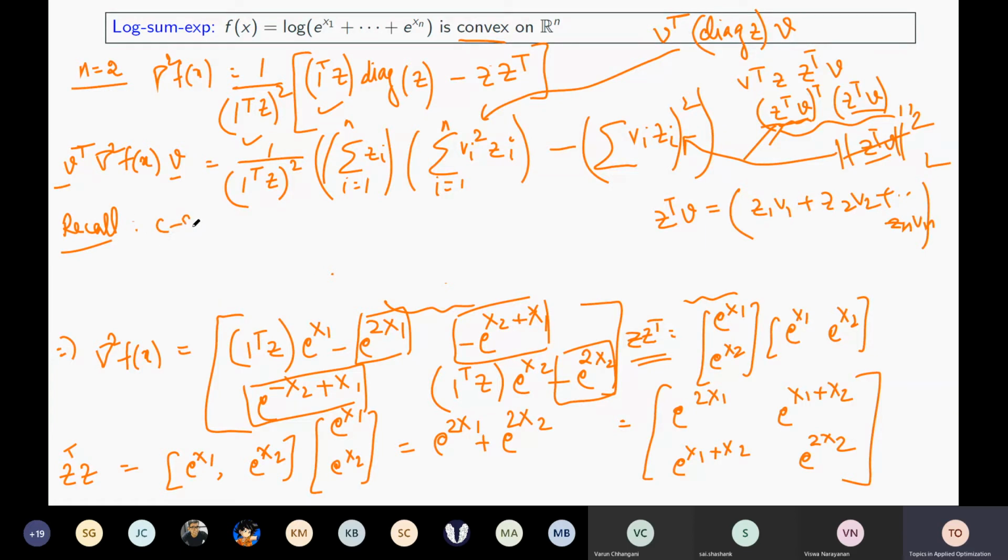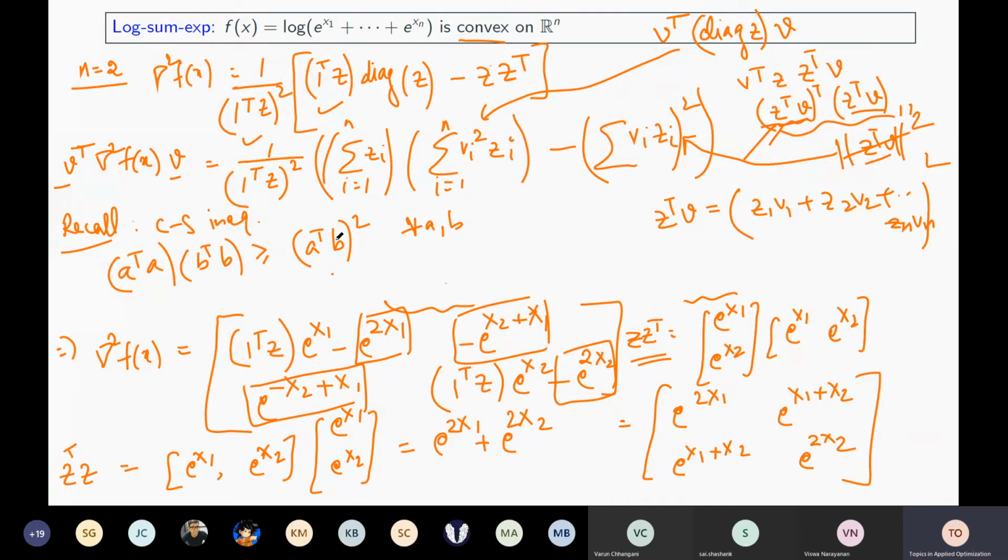It says that for any vectors A and B, A transpose A times B transpose B is always greater than or equal to (A transpose B) squared, for all A, B.